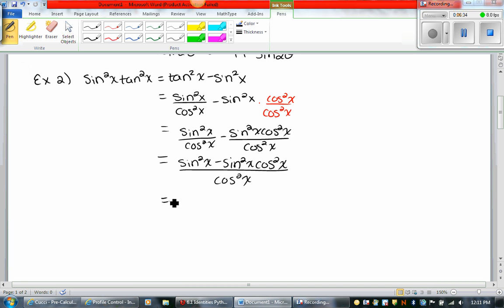If we look at the numerator of this fraction, notice we have two sines here. So what we can do is take out a GCF of sine squared x, which is going to leave me with 1 minus cosine squared x over cosine squared x.